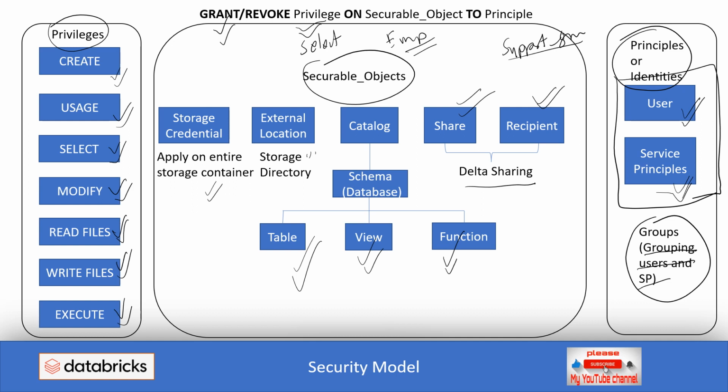All of this can be given as a graphical lineage, and it will know what jobs are associated with that particular table. So those kinds of features are also there. But having said that, coming back to the security model, this is the important command, keep in mind.